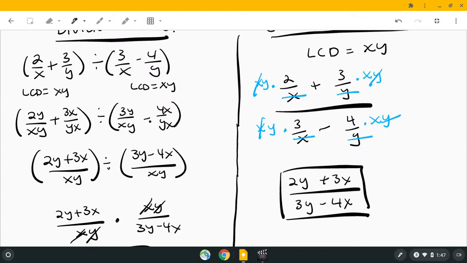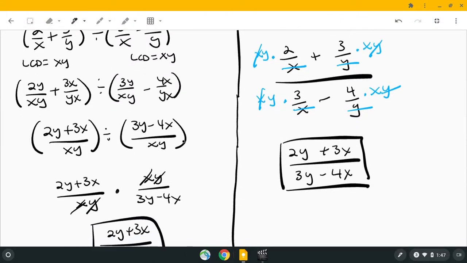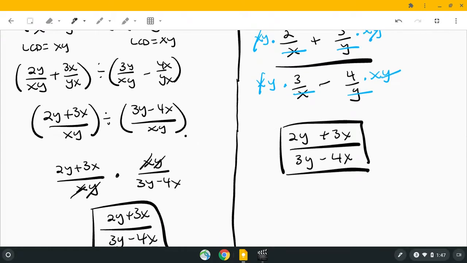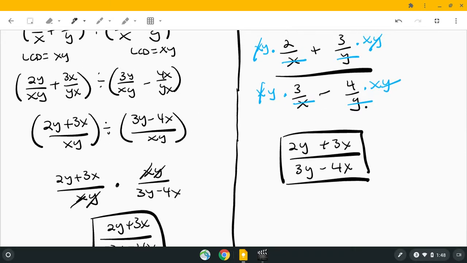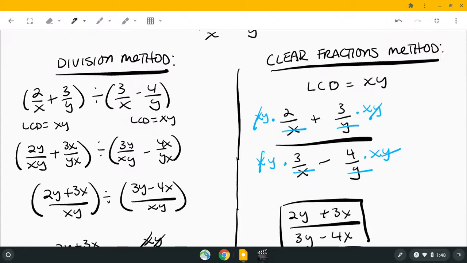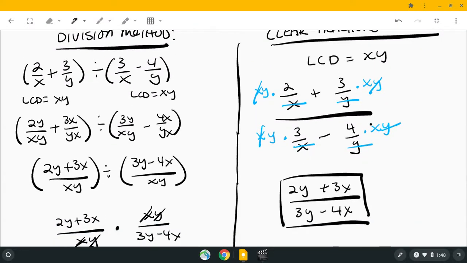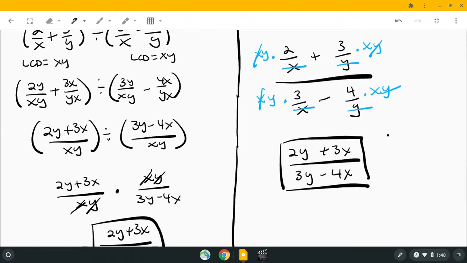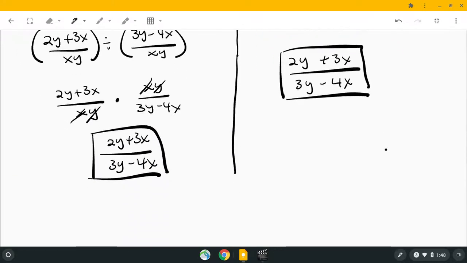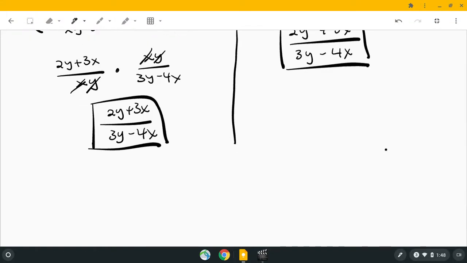So you can use division if that just sort of makes more sense to you, especially since we're coming off of addition, subtraction, multiplication, and division of rationals. So this sort of ties it all in together. But maybe students think it's just one extra method that they have to learn. Okay, but that's going to be the method that I use.